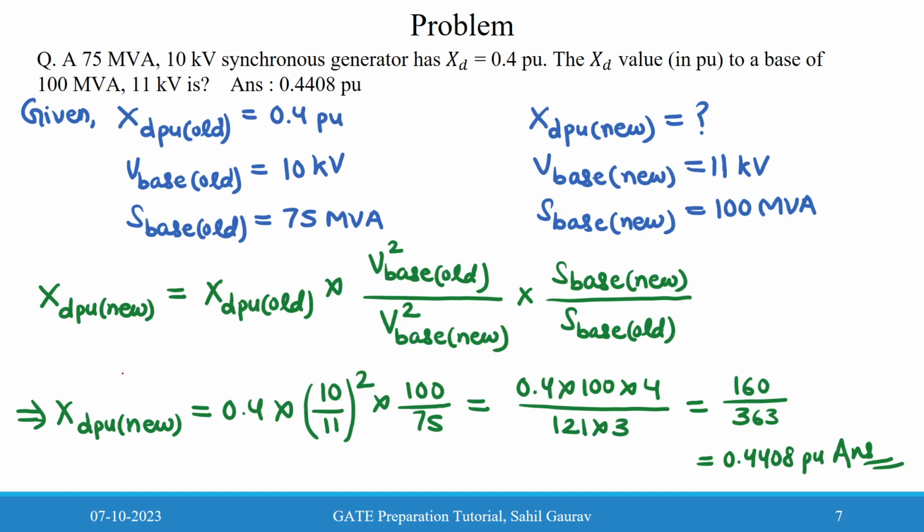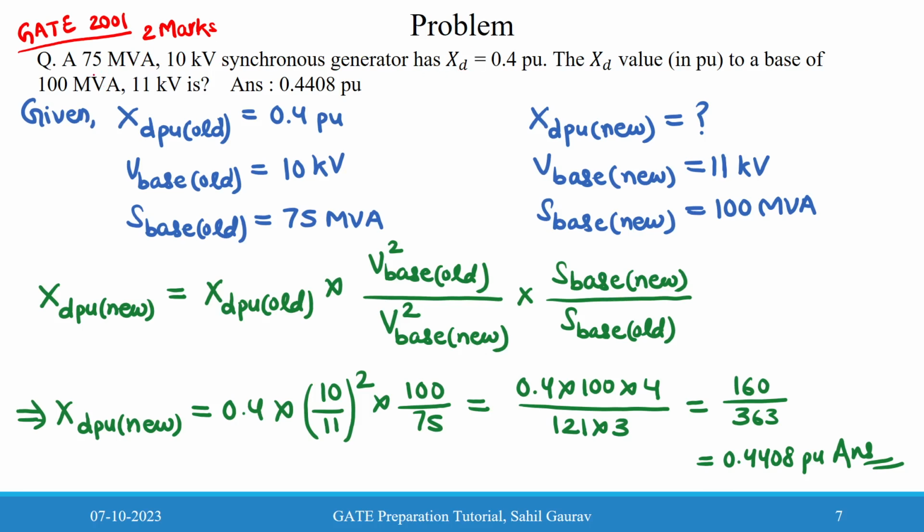Based on this expression, one question was directly asked in 2001 for 2 marks. It is a very old problem but a very basic one. Just like the previous problem, here you have to find the Xd value for the newer base quantities, and the per unit quantity of Xd at the older value is given.